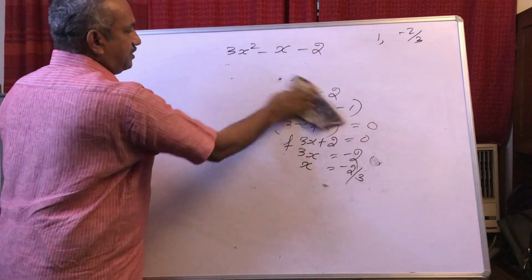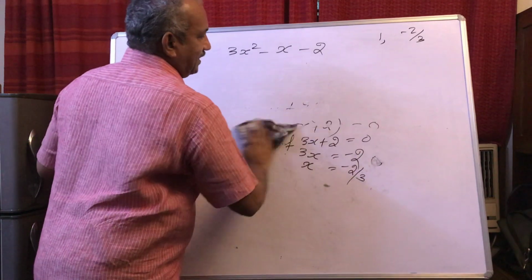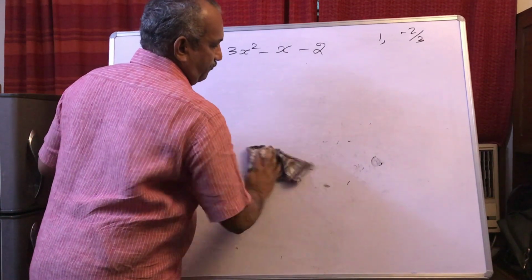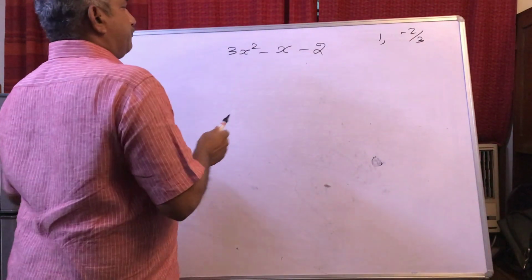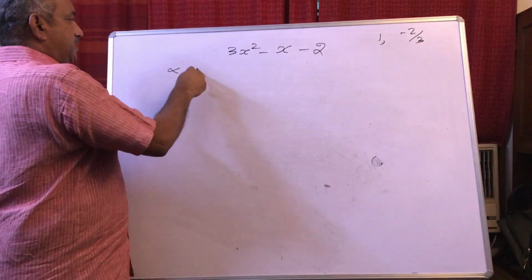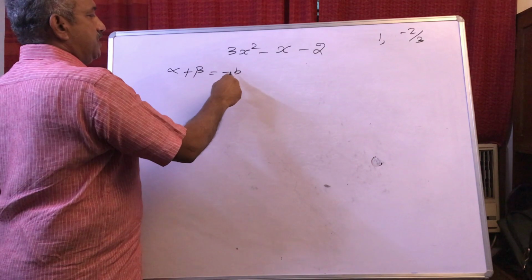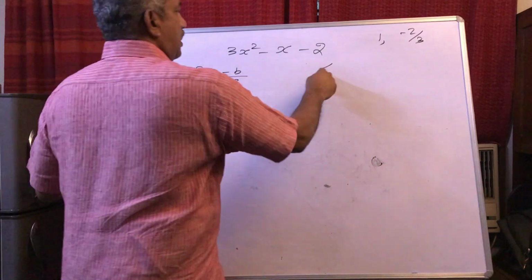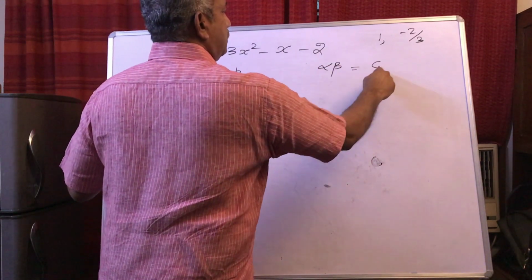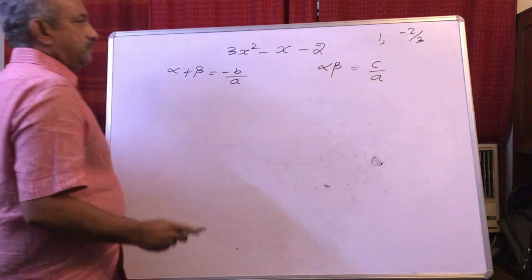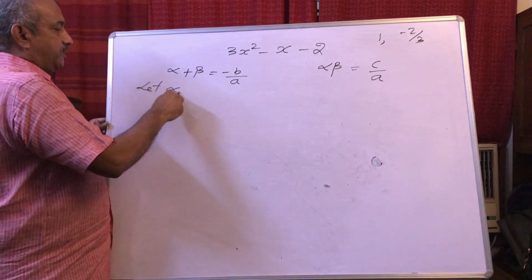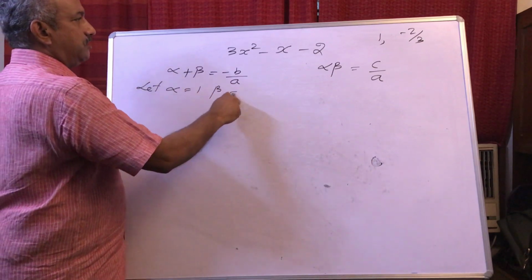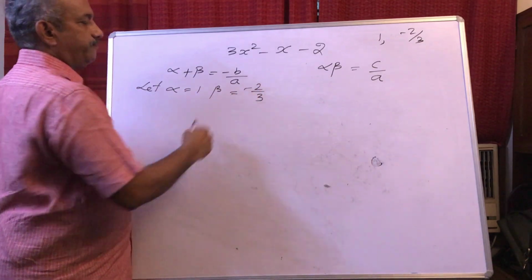If alpha and beta are the zeros of a quadratic polynomial in the form ax square plus bx plus c, then alpha plus beta is equal to minus b upon a and alpha beta is equal to c upon a. So let alpha be equal to 1 and beta be equal to minus 2 upon 3.